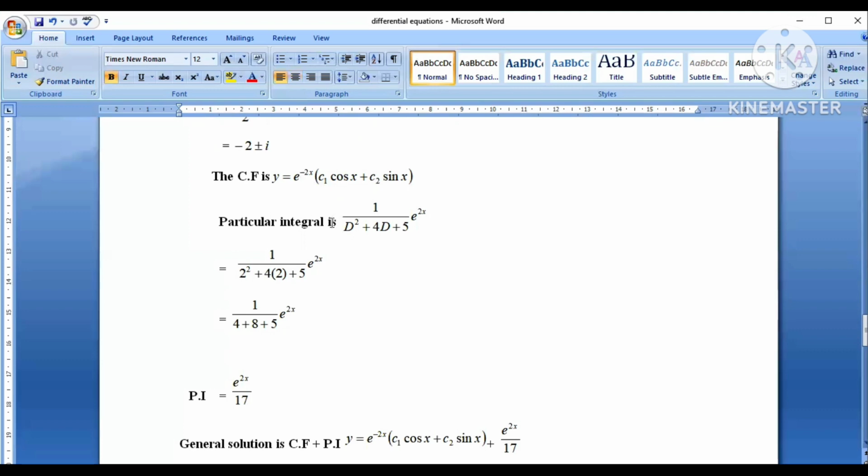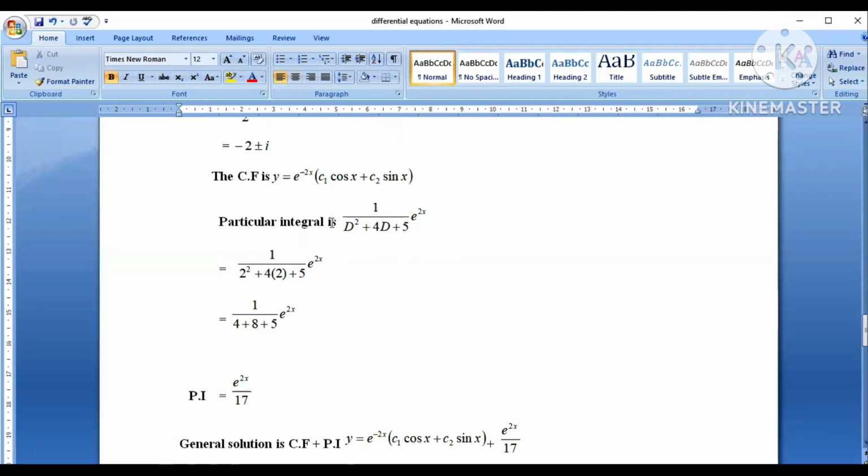The complementary function for this problem is y is equal to e power minus 2x into c1 cos x plus c2 sin x.